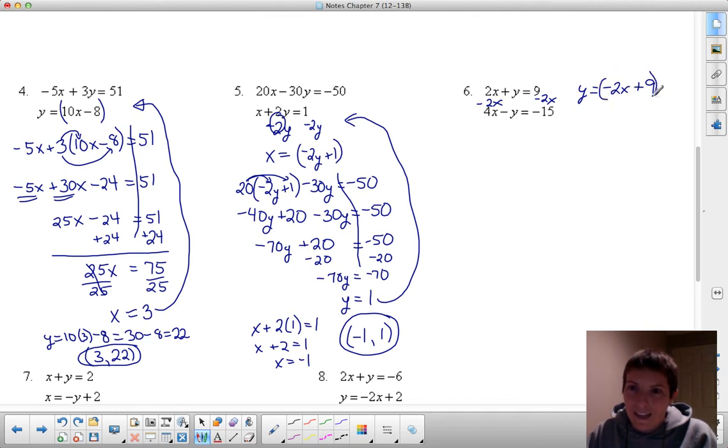There's my quantity. I'm going to go into the other equation and take y out and put the quantity in. Minus, take the y out, put the quantity in.